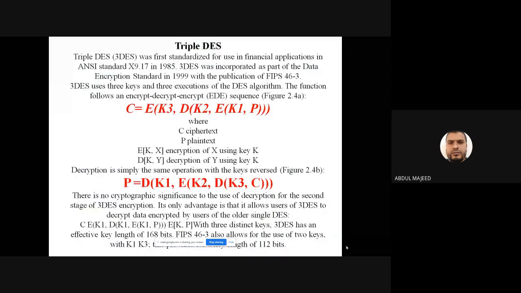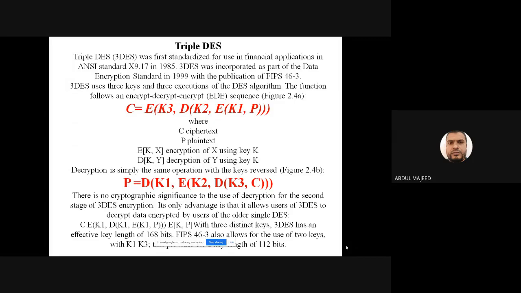So this triple DES you can represent mathematically in this red color equation. But the thing is that we need to start this equation from the right hand side. On the right hand side you see that the very first P is the plain text.